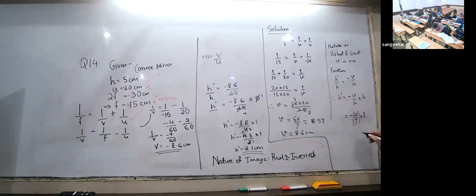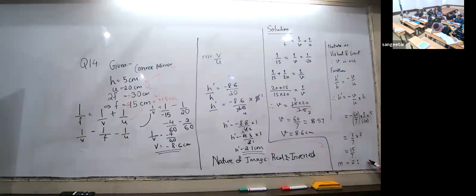What is u? u is minus 20. h given is 5. Minus minus will be plus. This is 3 by 7 into 5, 15 by 7, which means 2.1. So h dash is positive. Again, it is virtual and upright.